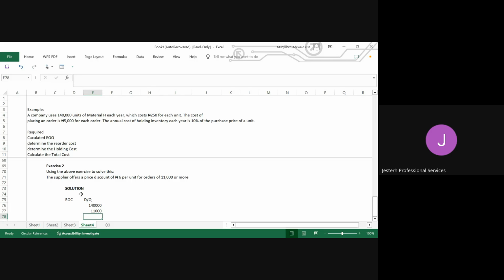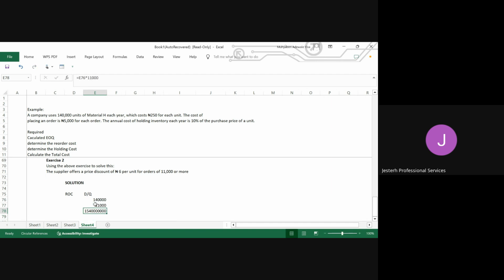Now we need to divide to know how many times we need to purchase these 11,000 to meet our demand. You will say 140,000 units divided by the 11,000 units they propose.